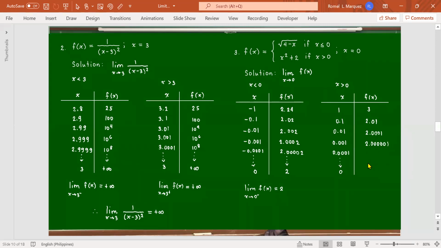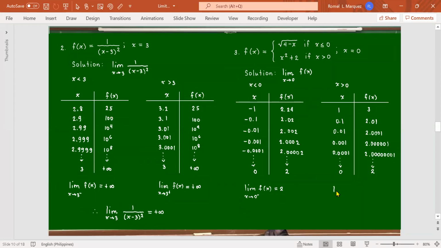Then when x is 0.0001, we have 2.00000001. So there's now a pattern, right? The values of f of x get closer to 2 also, right?